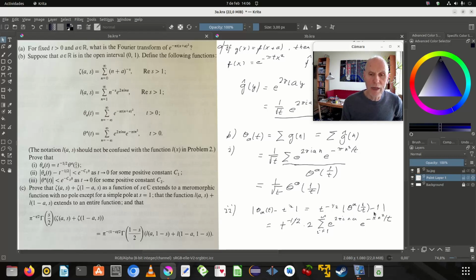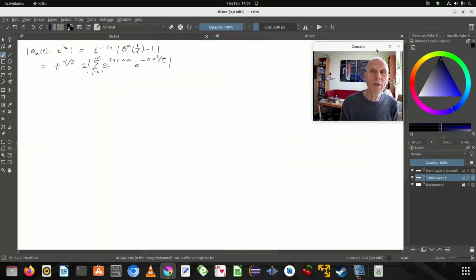And then we apply the summation formula, the definition of theta A. And we subtract unity, 1. So that's the value when n vanishes. So we've got twice the sum from 1 to infinity.